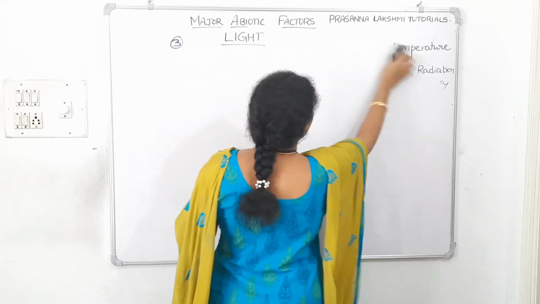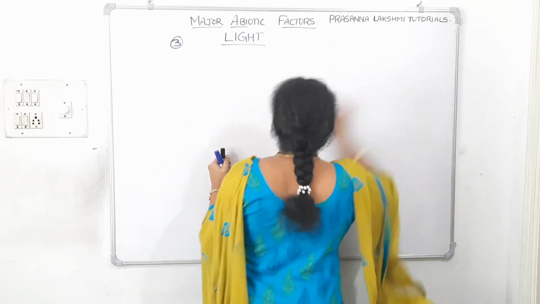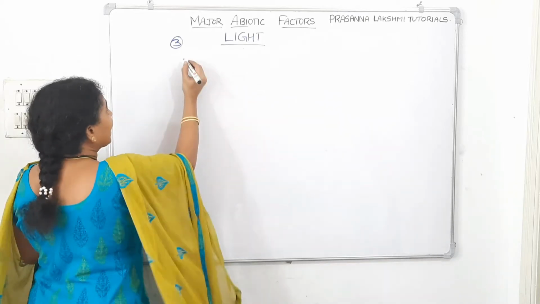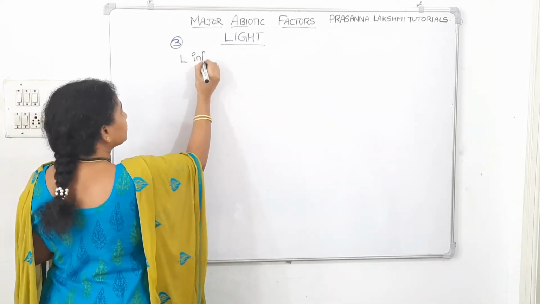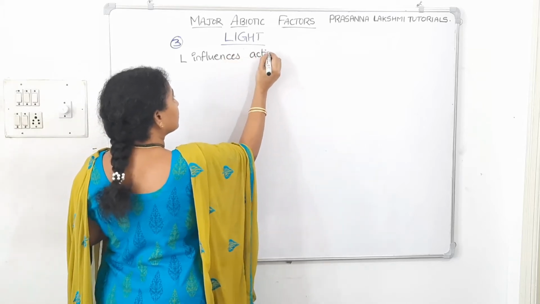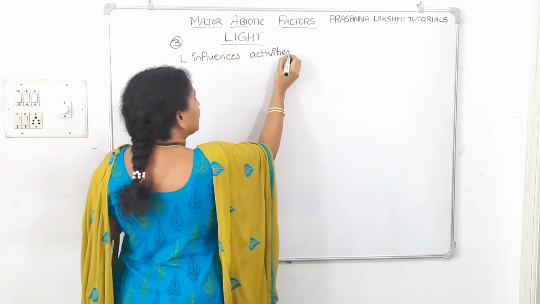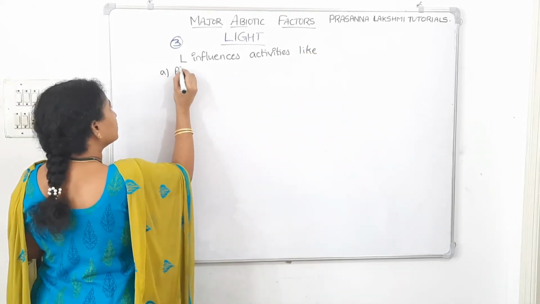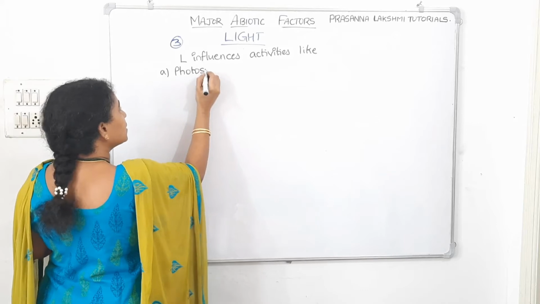Let us write down one by one and discuss those topics. So light influences activities like, first one, photosynthesis.